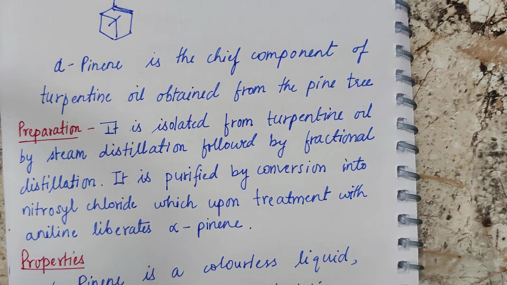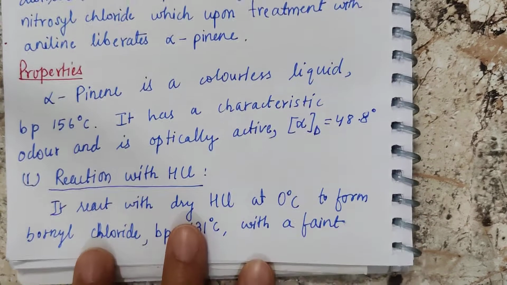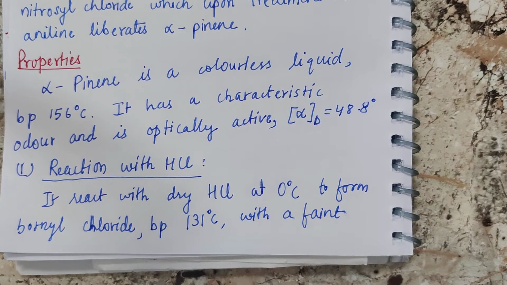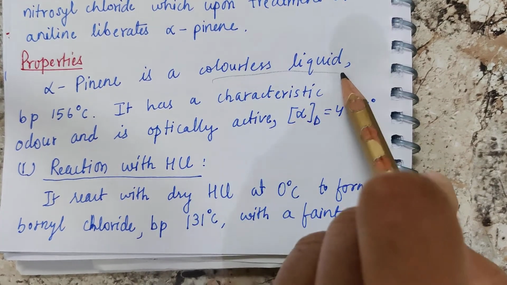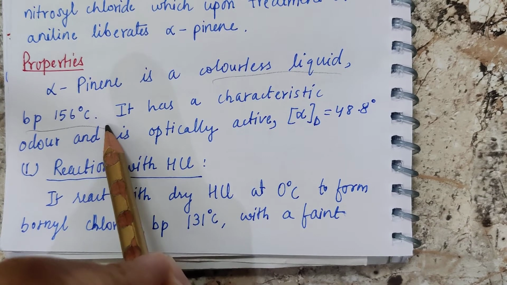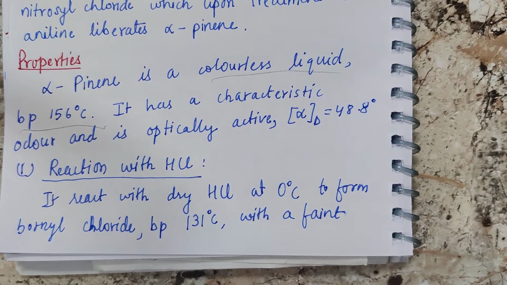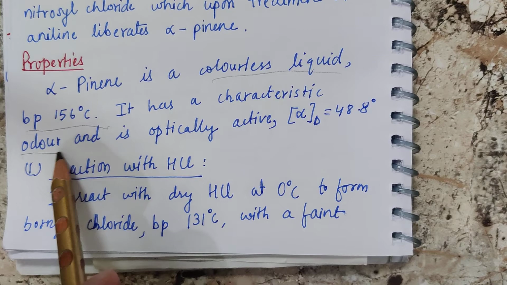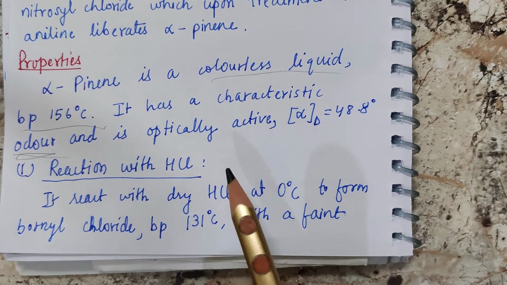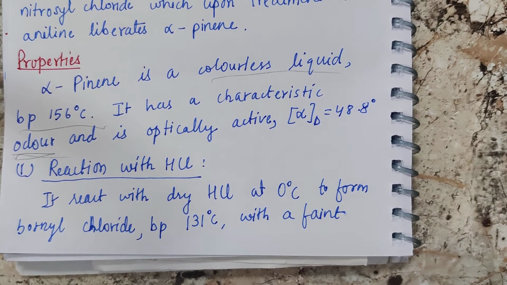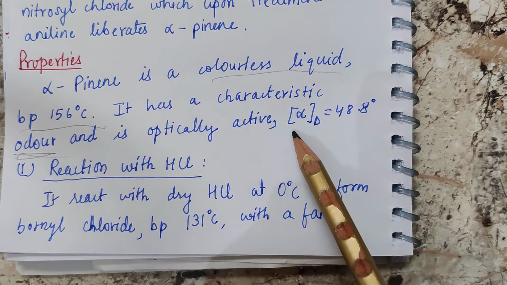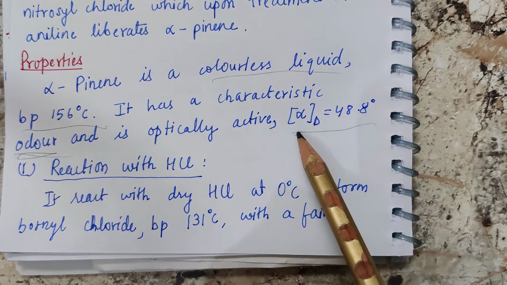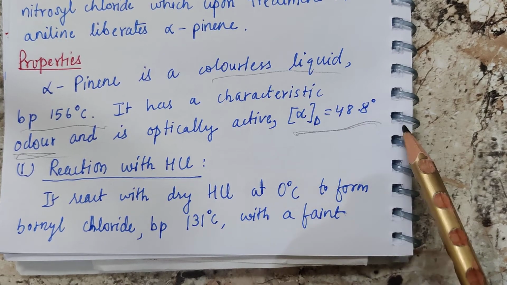Okay, if we look at the properties, alpha pinene is a colorless liquid with a boiling point of 156 degrees Celsius, and it has a characteristic odor. Also, it is optically active. So, being optically active, it shows the rotation of light by 48.8 degrees.